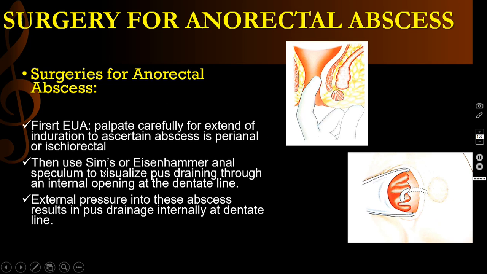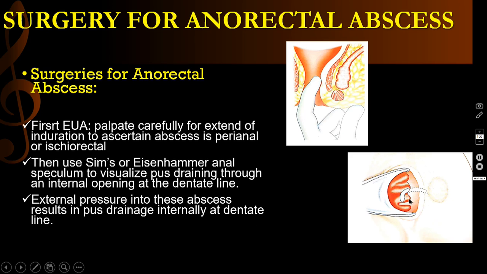Then you have to use either Sims or Eisenhammer anal speculum to visualize the pus draining through an internal opening at dentate line. External pressure on these abscesses results in pus drainage internally at dentate line, which you can visualize.